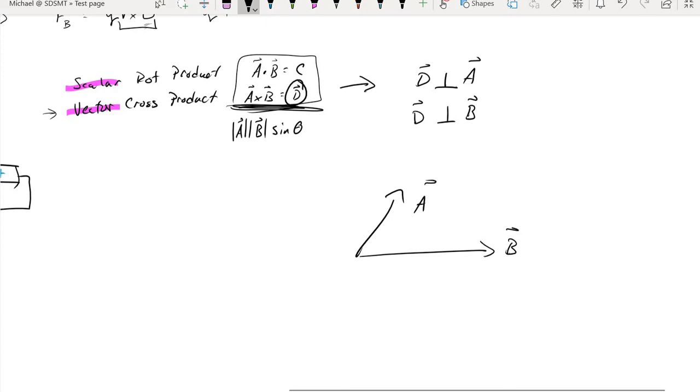Now, the only way that we're going to make a vector that is perpendicular to both of these is if that vector either points into the screen or out of the screen. That's the only way that I can get these two vectors to be perpendicular to their resultant. And so how do I draw 3D vectors on a 2D surface?